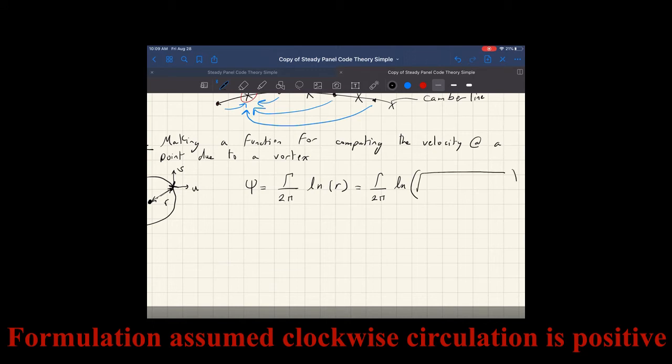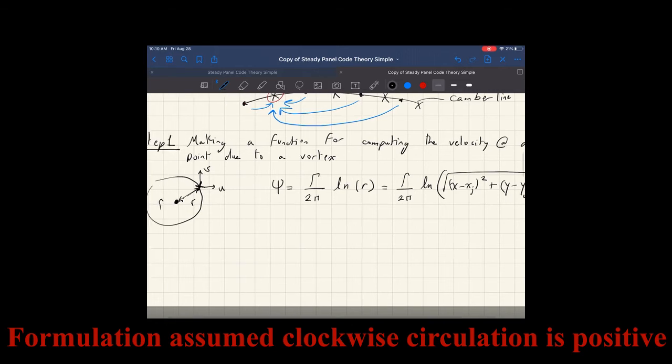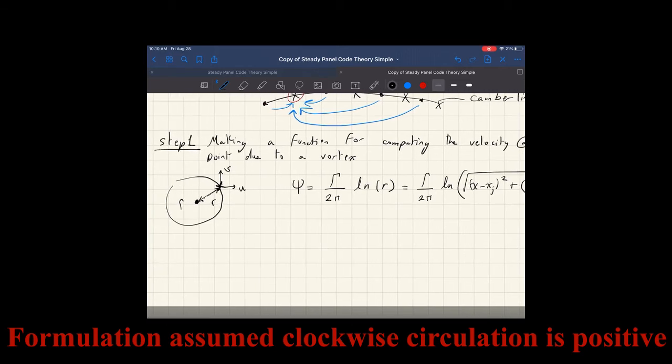So r is simply the square root of x minus xj squared plus y minus yj squared, where x and y are the positions of the collocation point or any point over which you'd like to know the velocity, and xj and yj is the position of the vortex.